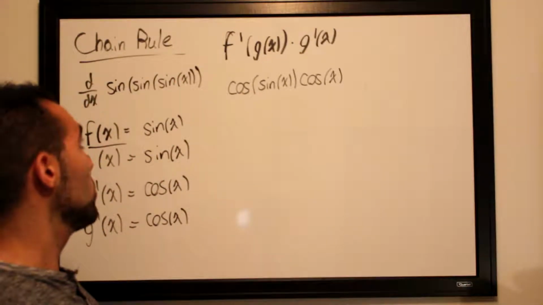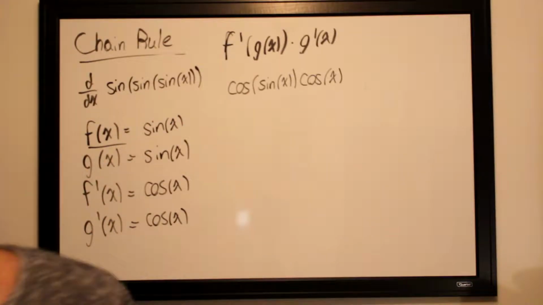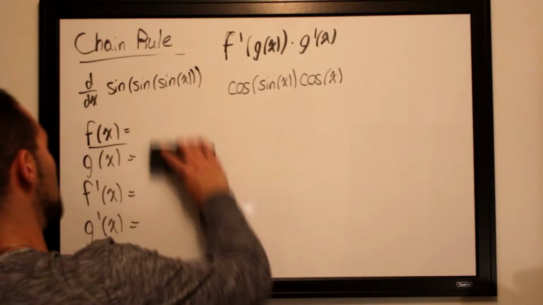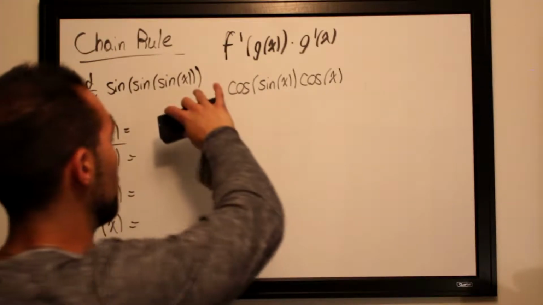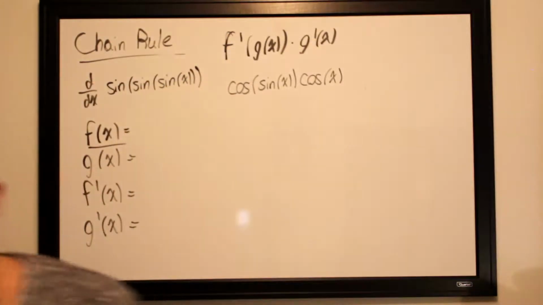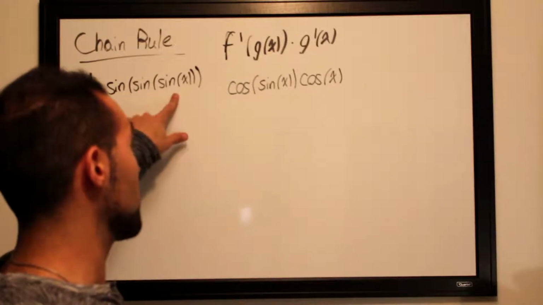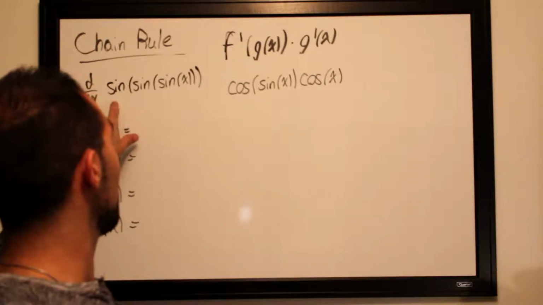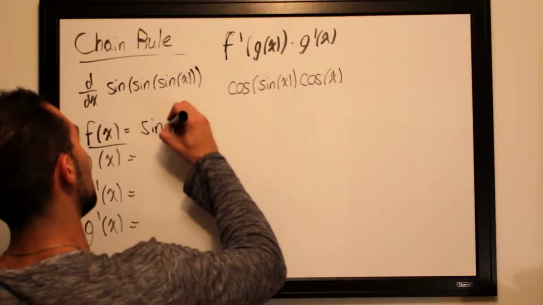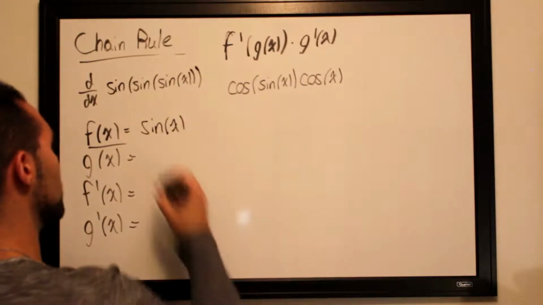So now what we want to do is take the derivative of the whole function. We've taken the derivative of the inner part of the function. Now let's take the derivative of the entire function put together. So here we have a sine of x containing a sine of sine of x. Our outer function will be sine of x, and our inner function will be sine of sine of x.